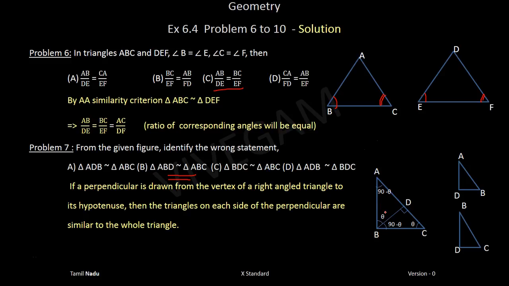But you've got to be careful about the direction. If you are not careful about the direction, it will go wrong. So, by that statement, we know option B is not true because the direction is not right. The angles are not coming in a corresponding way. Right. Now, let's go to problem 8.